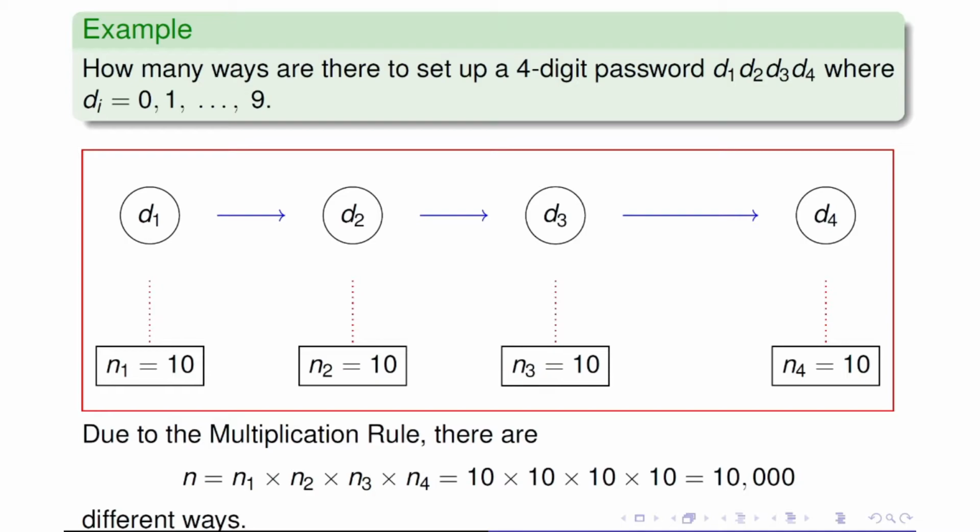That's a lot of possible ways. That's why when you set up a 4-digit password on your cell phone, you feel it is safe, because anyone who tries to break into your cell phone needs to choose the correct one out of these 10,000 different passwords.